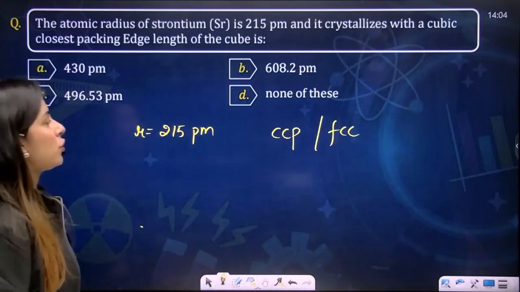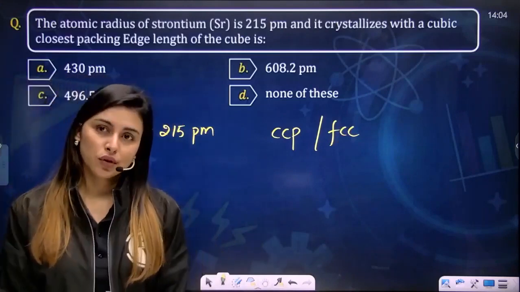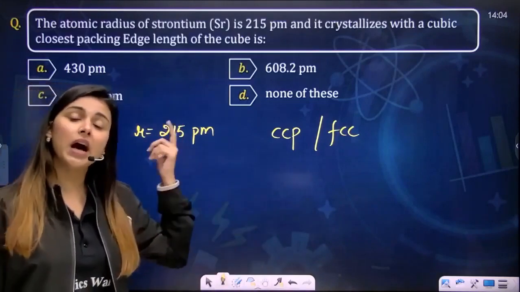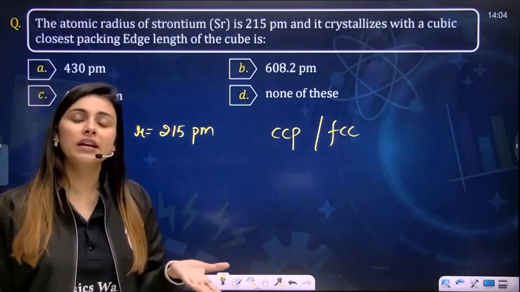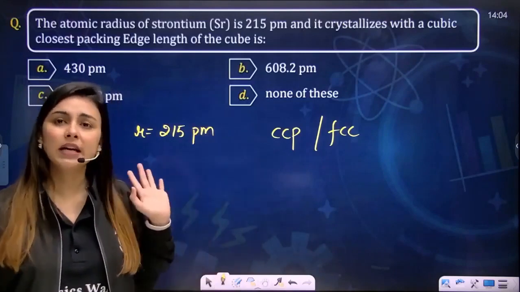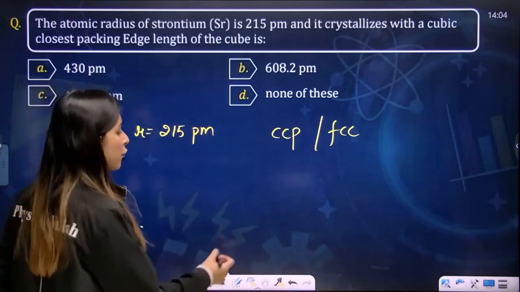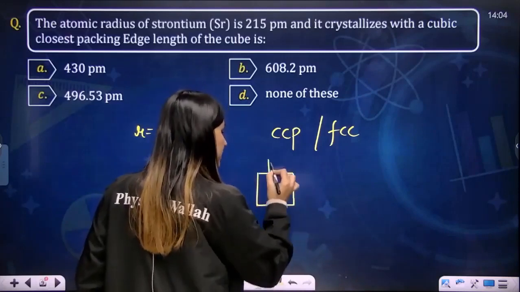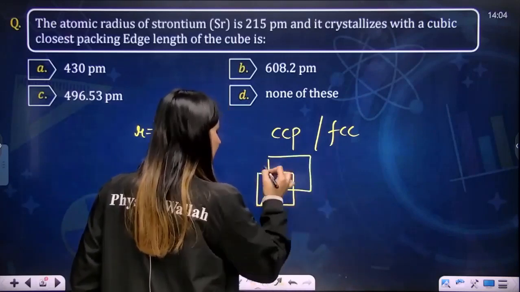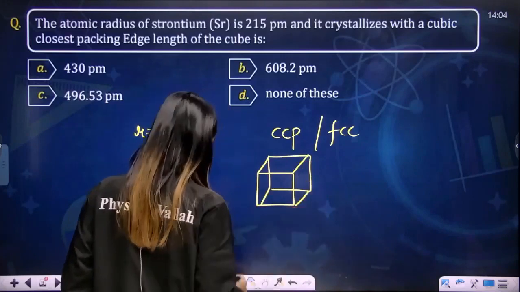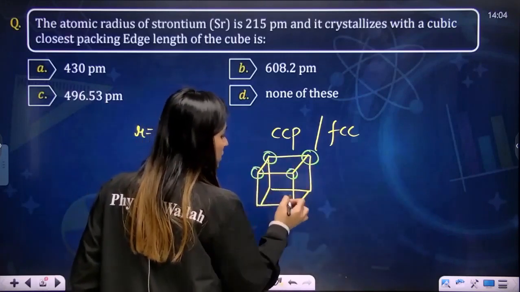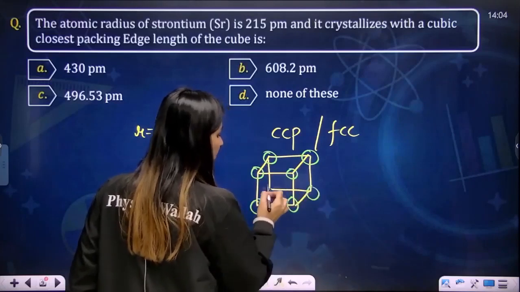Okay, you have to tell the edge length of the cube. So my dear students, in FCC, can I find the relation between R and A? Yes, if I find the relation between R and A, I can find the edge length. I know that for a FCC lattice, my atoms are present on the corners, as well as on the face centers.